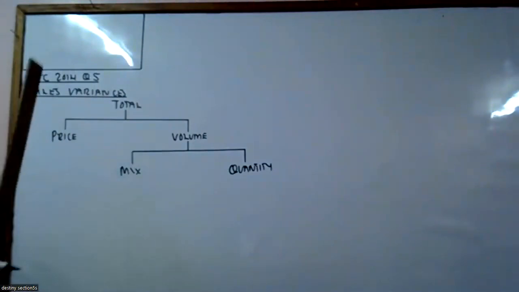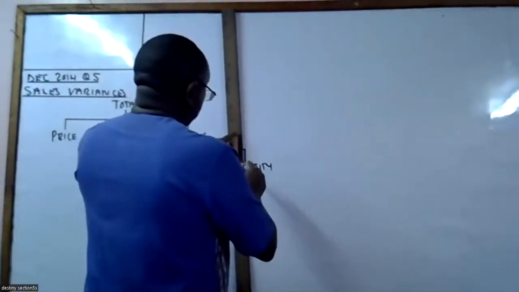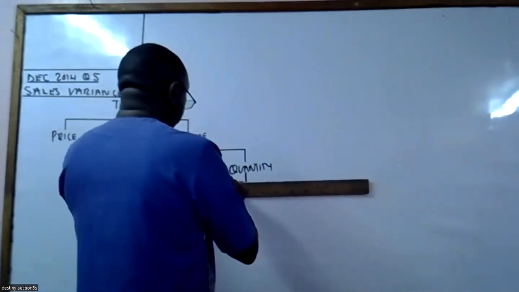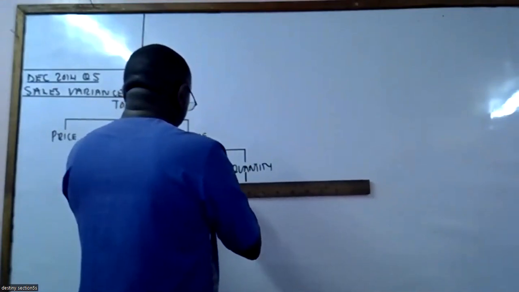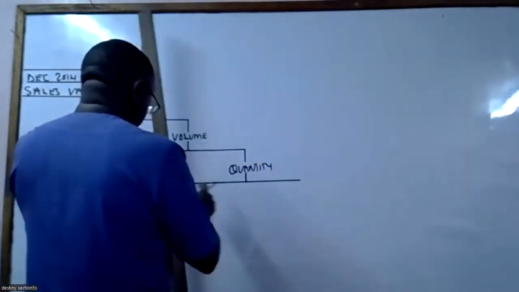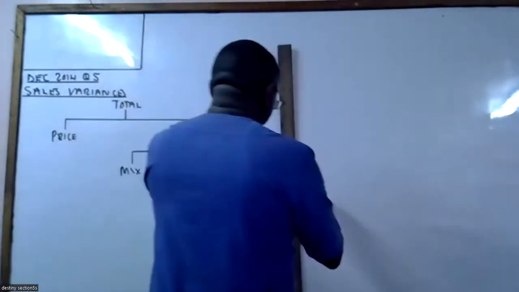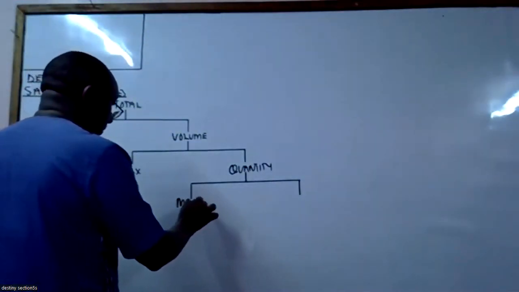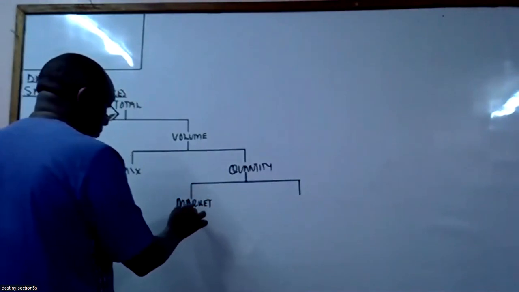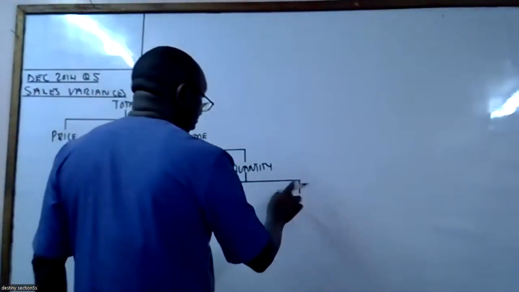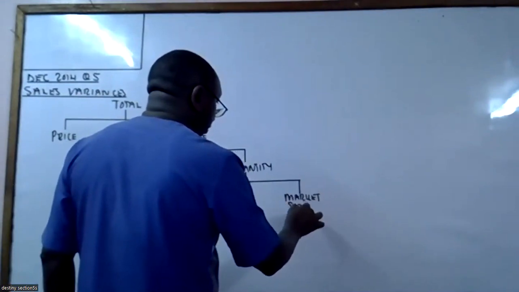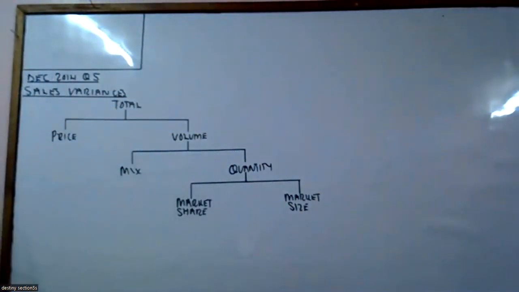And this quantity is further broken into two. There is what we call market share and what we call market size. Already you have this structure with you.